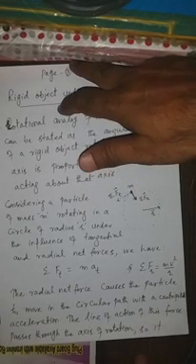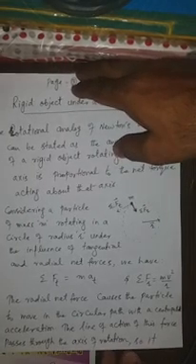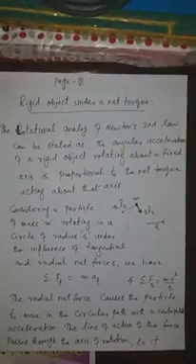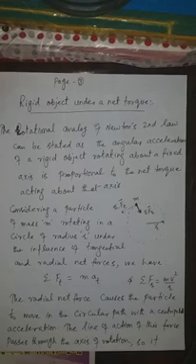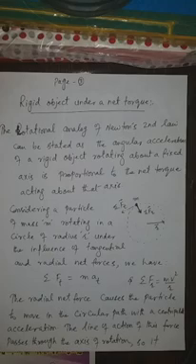Now, before moving to a rigid object, we consider a particle of mass m, which is circulating about some pivot point.